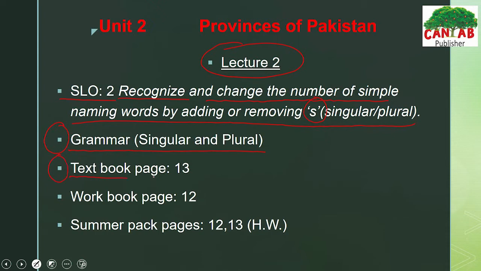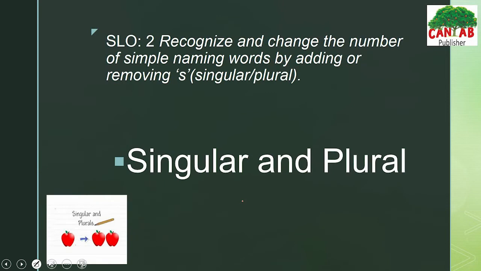The page numbers you need are textbook page number 13, workbook page number 12, and your homework is from the summer pack, once again, page number 12 and 13. Recognize and change the number of simple naming words by adding or removing S, singular or plural. The topic for today's lesson.